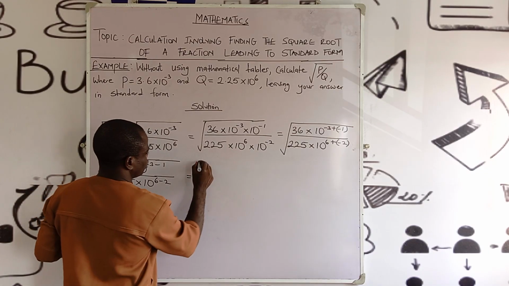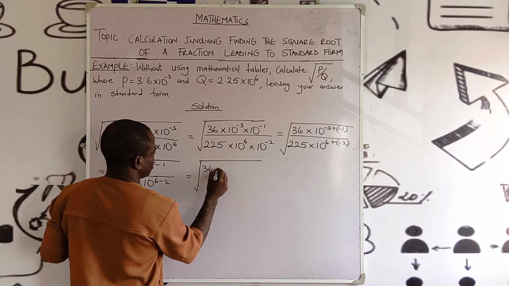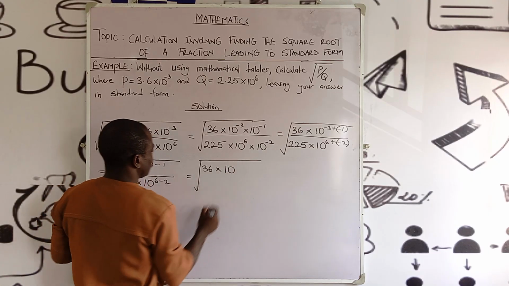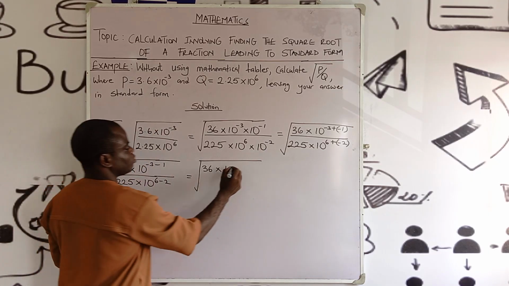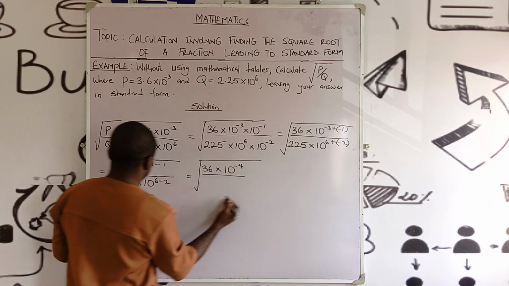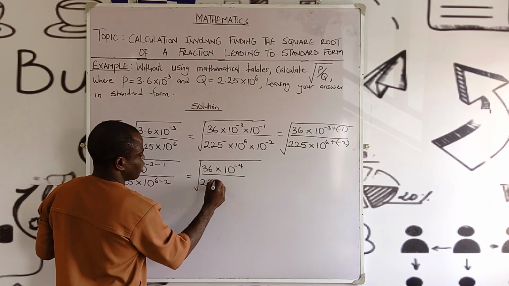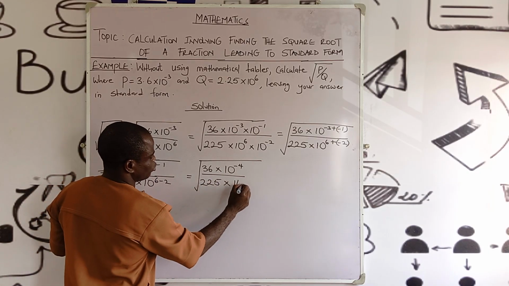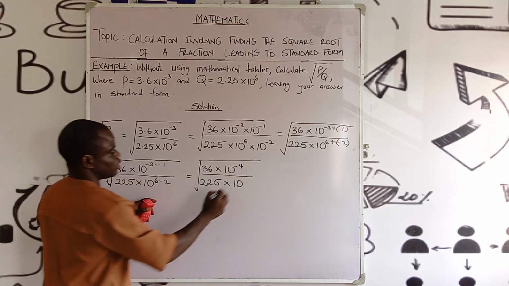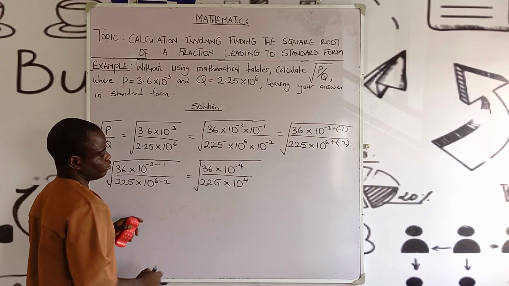This equals square root of 36 times 10 raised to the power minus 3 minus 1, that is minus 4, over 225 times 10 raised to the power 6 minus 2, that is 4.